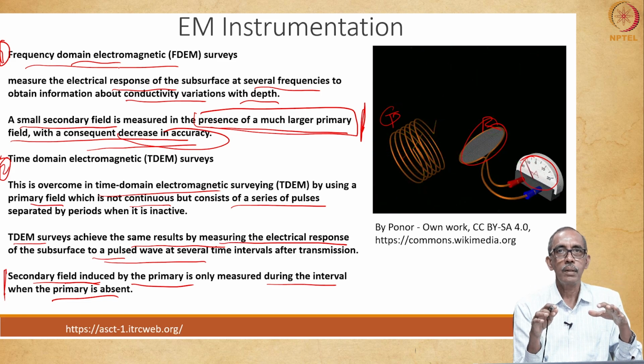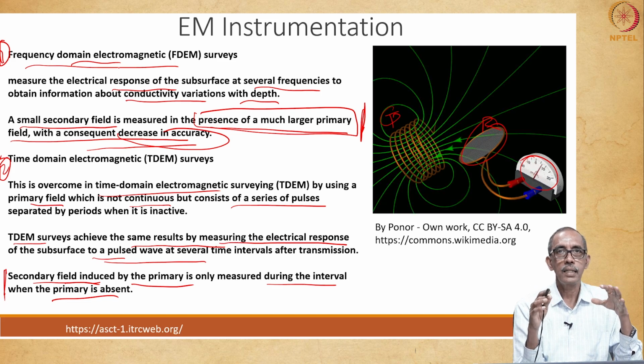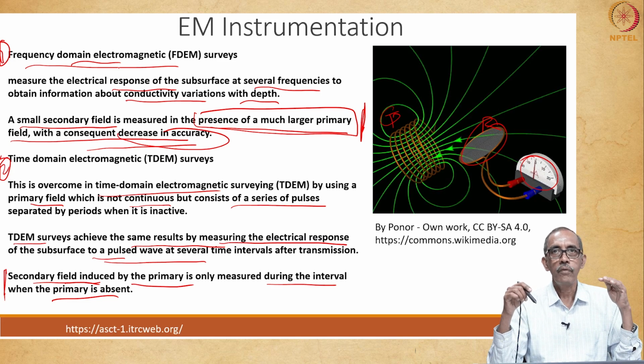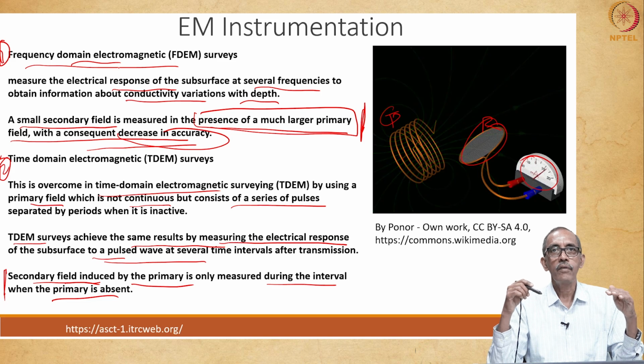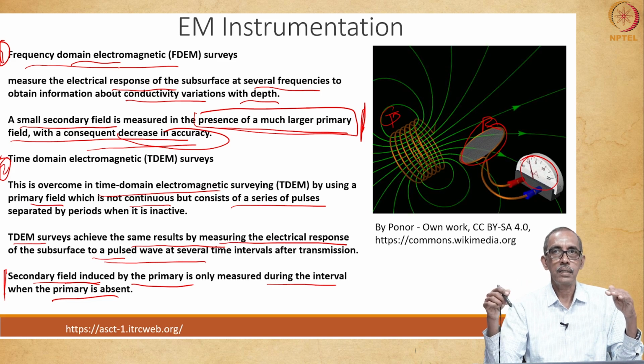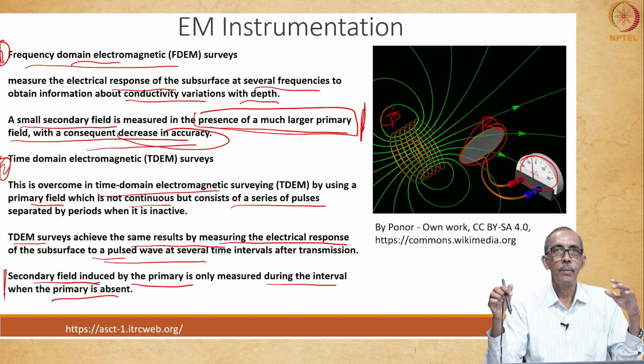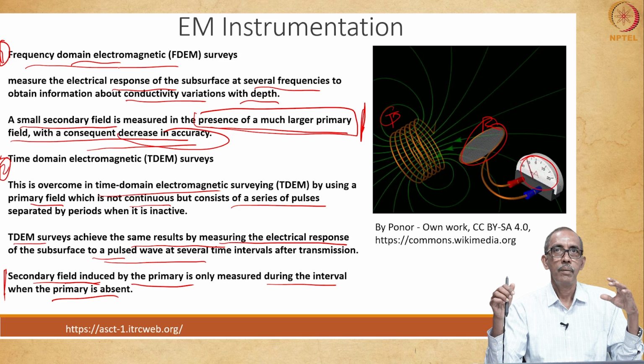The subsurface remains energized for some time, during which we make the measurement. So, primary field is switched off, the secondary field generated is measured. Then again primary field is switched on, secondary field is measured. So, this is what is known as time domain electromagnetic methods.